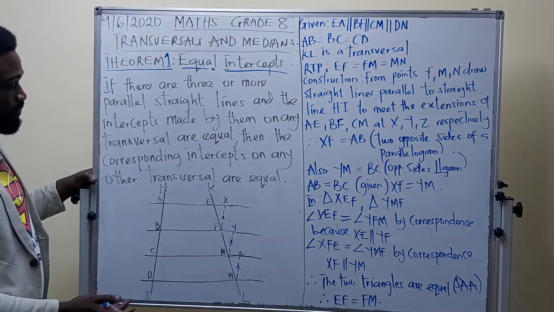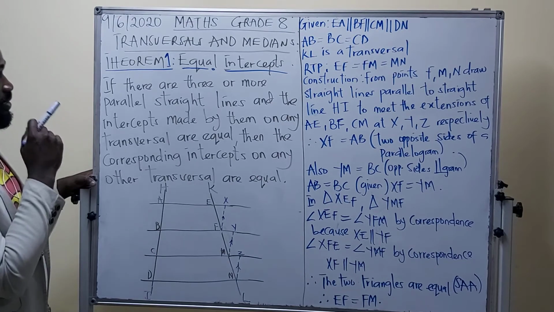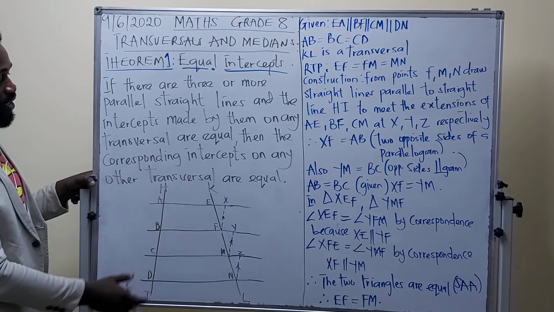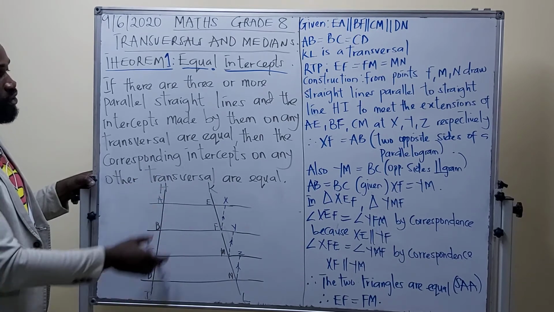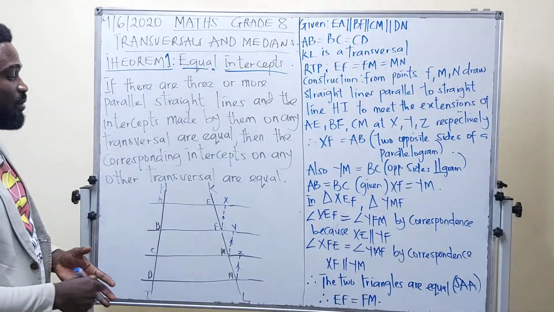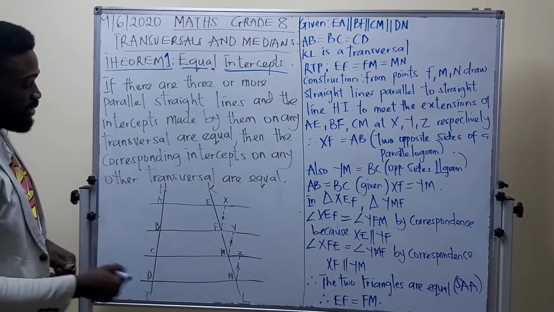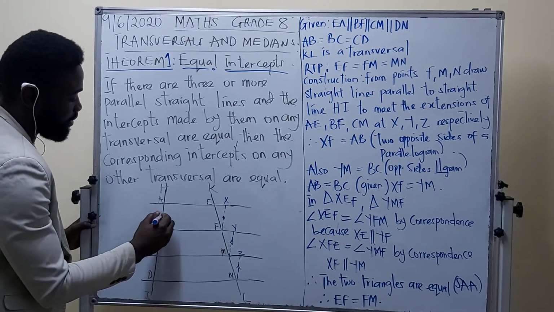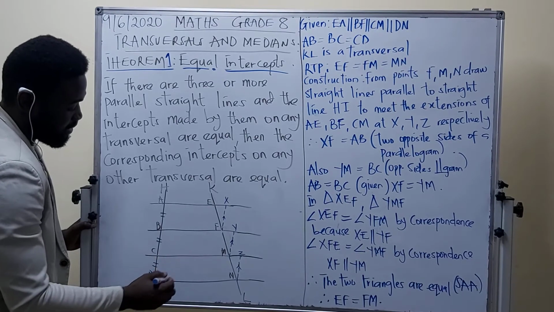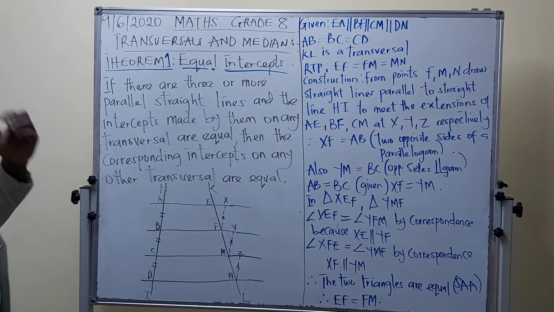Do you understand? Now, it is required to prove, because it has been given already, that if we have a transversal cutting through parallel lines, we are not talking about transversals now, we are talking about a single transversal line, for example HI. It is proven already that AB will be equal to BC, and BC will be equal to CD, and so on and so forth, depending on the number of parallel lines we have.